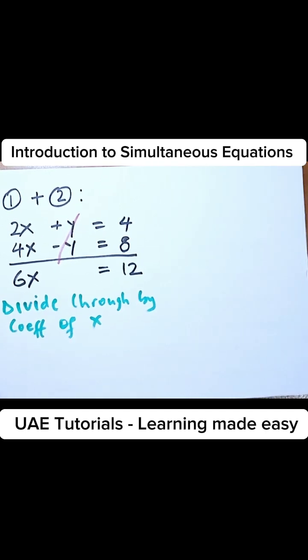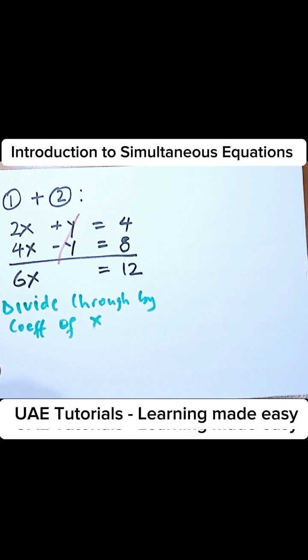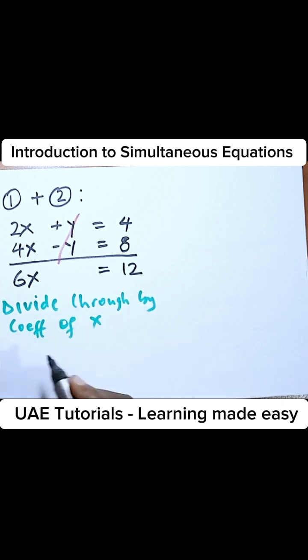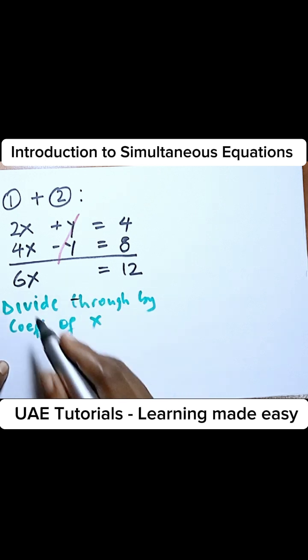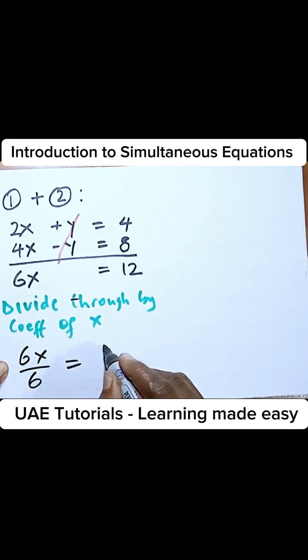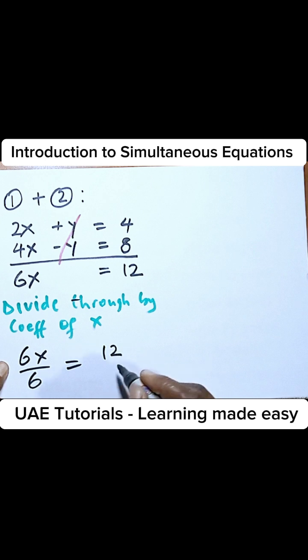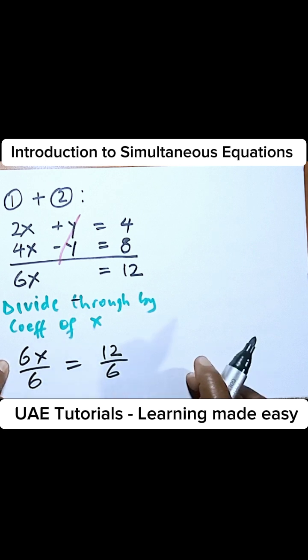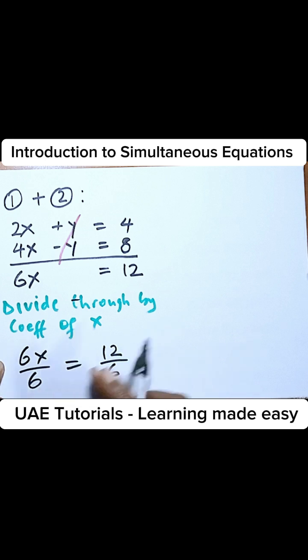I'm trying to make it very simple for everyone to be able to follow. So if we divide through by the coefficient of x, what will that give us? We now have 6x over 6, which equals, whatever you do to one side of an equation, you must do to the other side of the equation. So 6x over 6 equals 12 over 6.